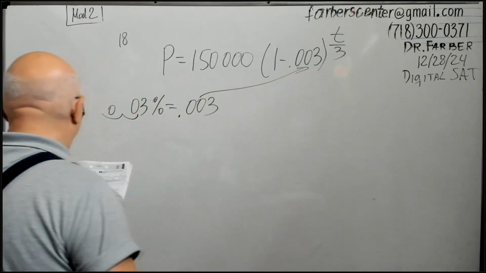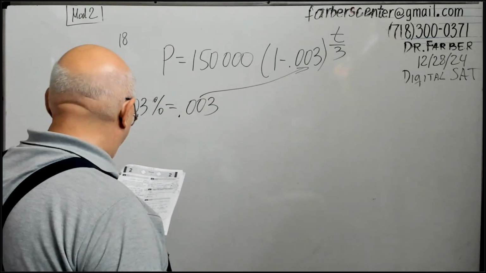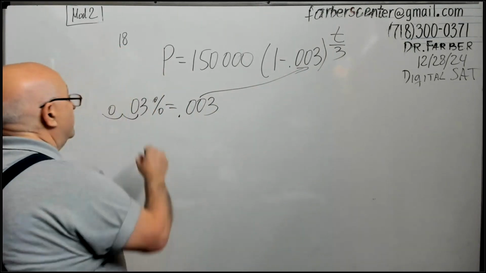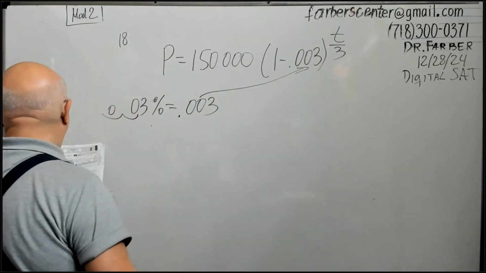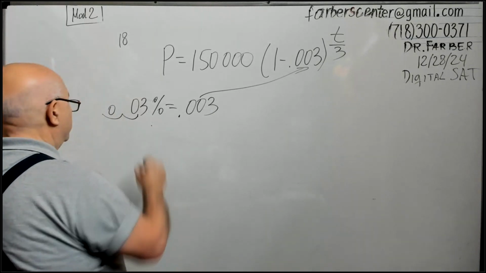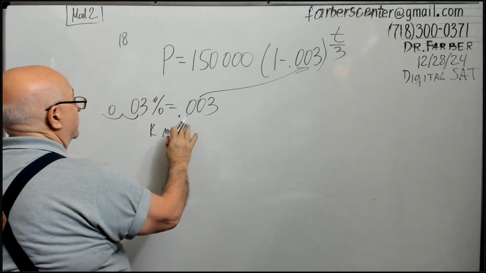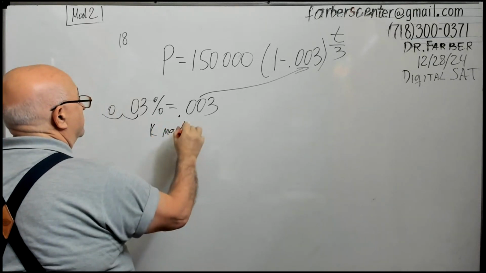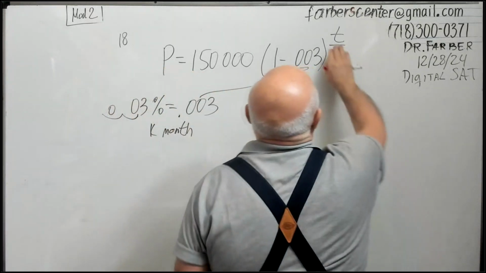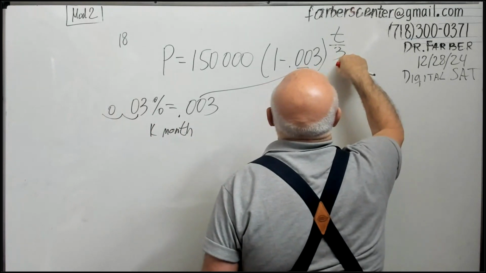Every k months. So what is k months? Look at this. How to find this? If it is every year, it would be t. If you divide t over 3, it means every 3 years.